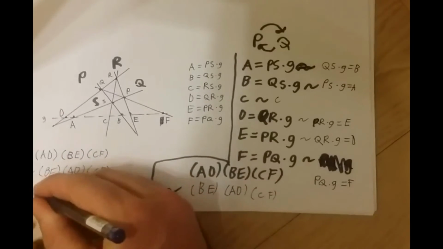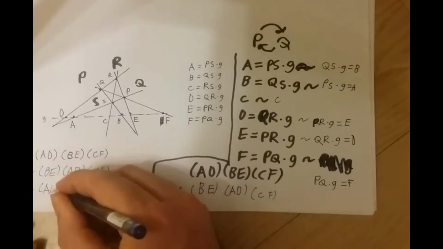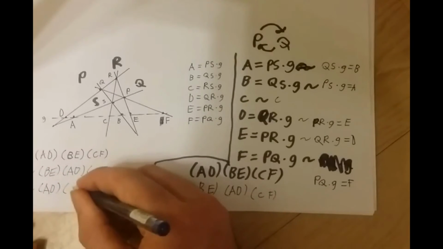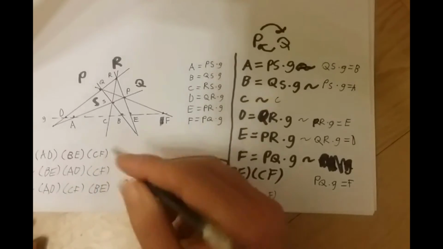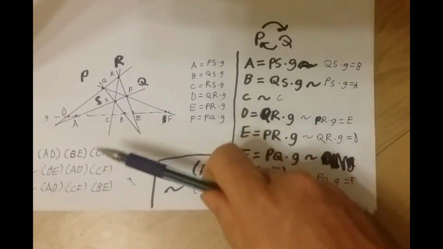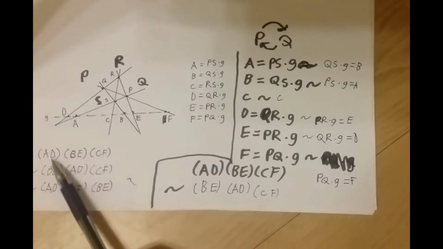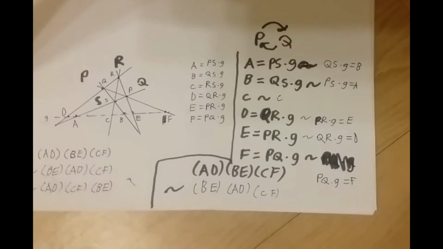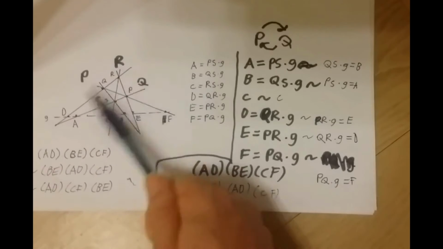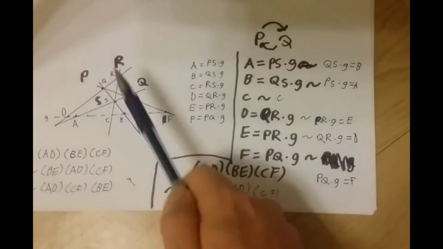And it can also be checked that it's also equivalent to writing AD, CF, BE. That's part of the magic of this notation. It doesn't matter which order you write these three pairs in. You're essentially describing the same object, perhaps just with a relabeling of the names of these vertices.